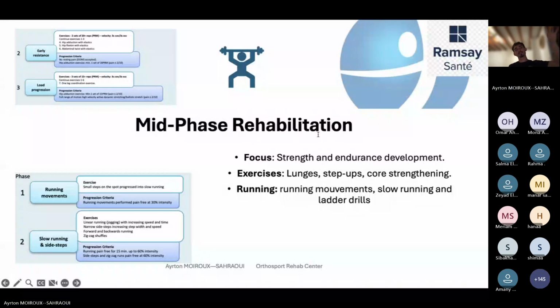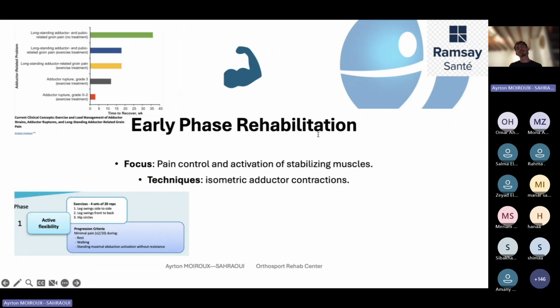Then we're going into the mid phase of rehabilitation. Now that's where we want to be and what we all like. Okay, we need to be clear. The first phase, as physios, as clinical physios, is always a little boring. Okay, I know.